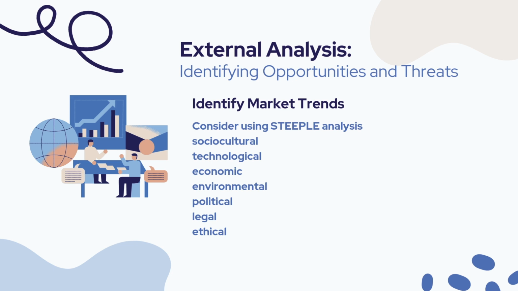factors that are outside the business that could include social, cultural, technological, economic, environmental, political, legal, and ethical. And now we're going to go deeper and explain a little about these 8 factors.